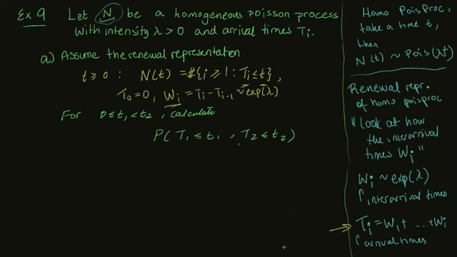Okay, so what they want us to do, first and foremost, is to consider the distribution of the arrival times. So they say for two time points t1 and t2, calculate the distribution of the first two arrival times. Find the probability that T1 is smaller than or equal to little t1, and that the arrival time of the second claim is smaller than or equal to little t2.